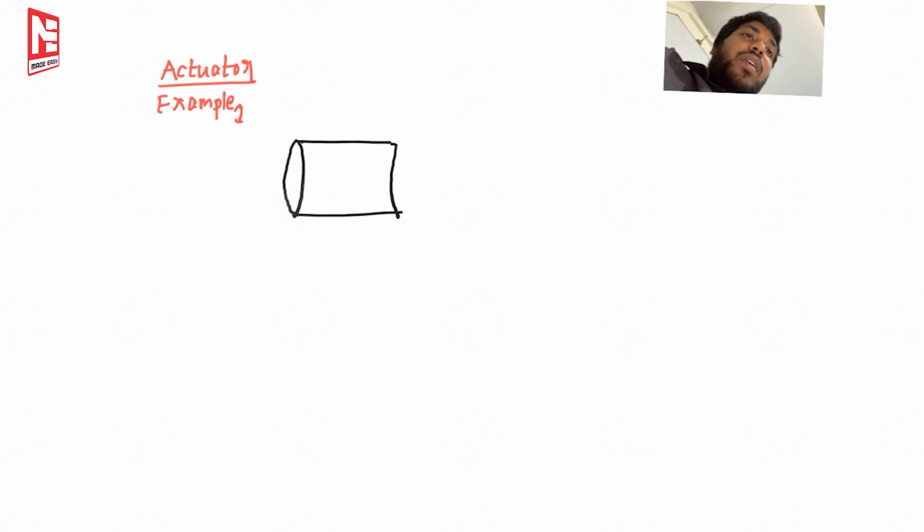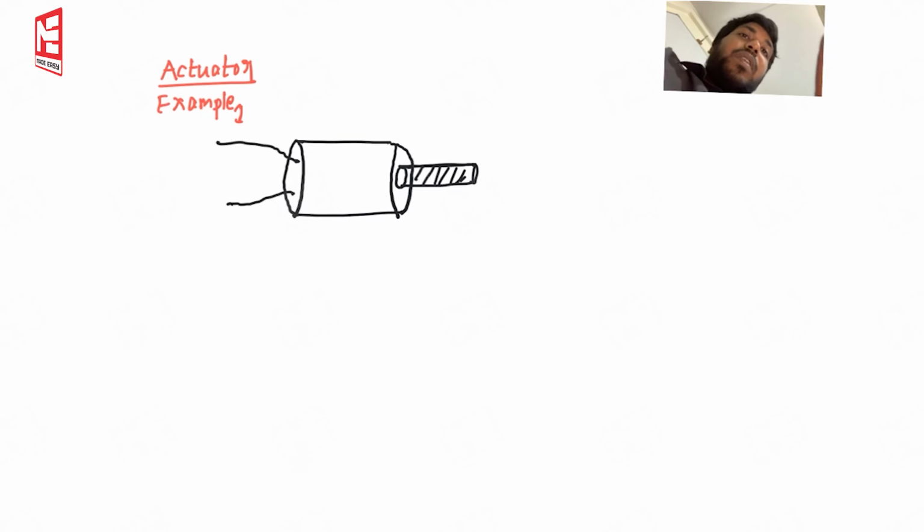We all know that every electrical motor has a shaft like this. Let us say this is the shaft which is connected to the motor. Like this, the shaded part is the shaft. And every motor is equipped with two electrical lines like this. These two are electrical lines. Now this is the general structure of a motor.